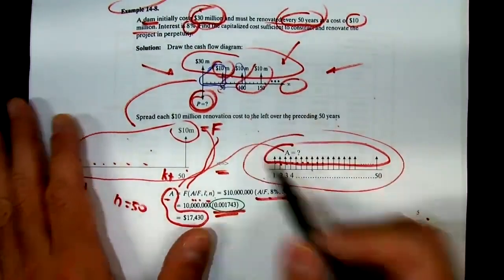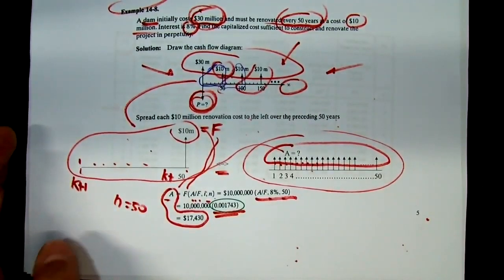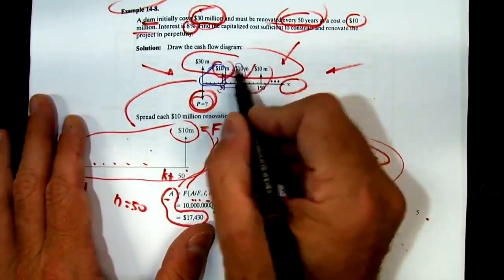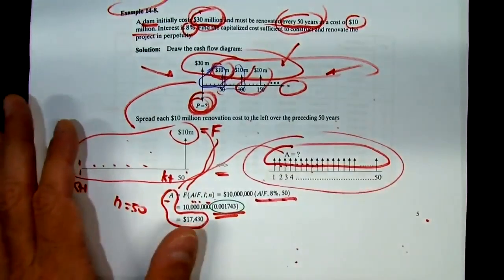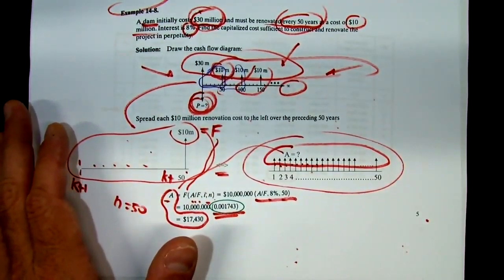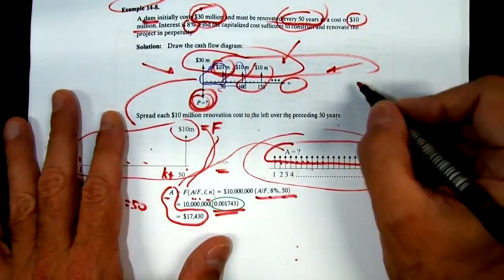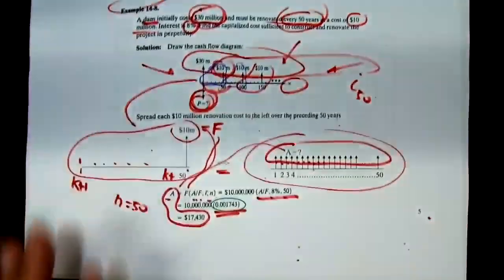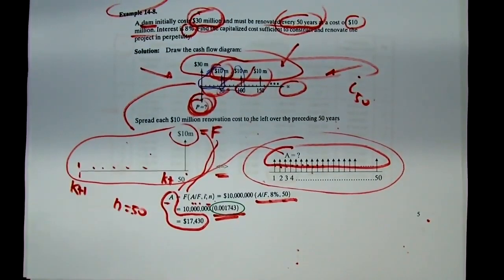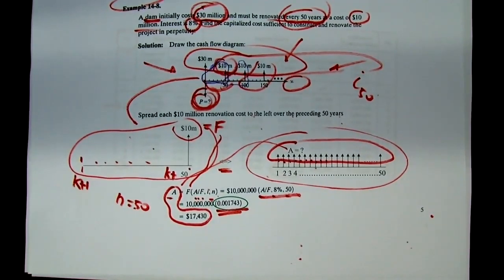Rather than doing this conversion that we did here, using the F given A, you can directly calculate P by having this uniform series of 10 million every 50 years. But in order to do that, you need to calculate the interest over 50 years, because the period, instead of being 1 year, becomes 50 years. Okay, so what is the equivalent?